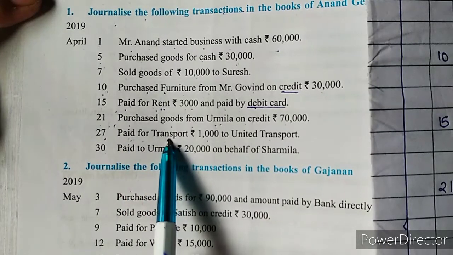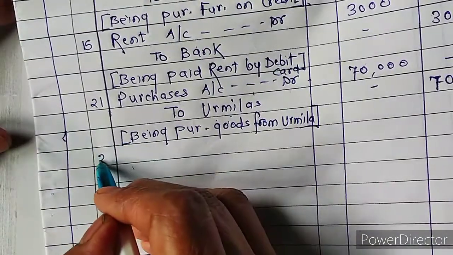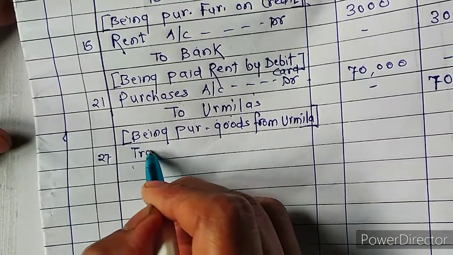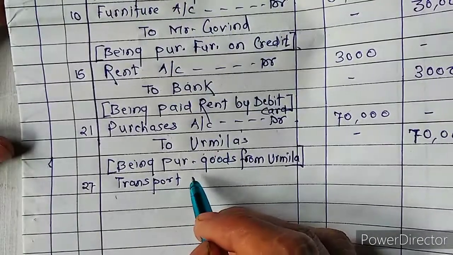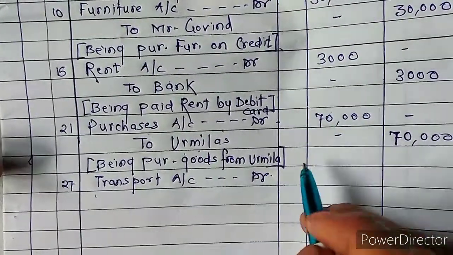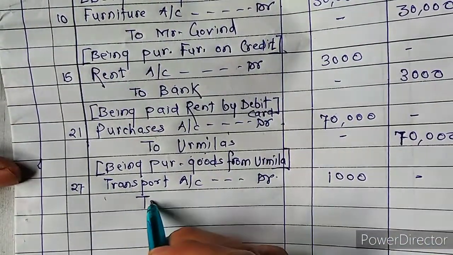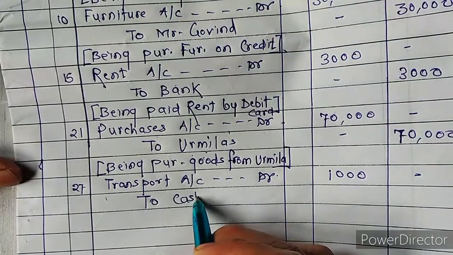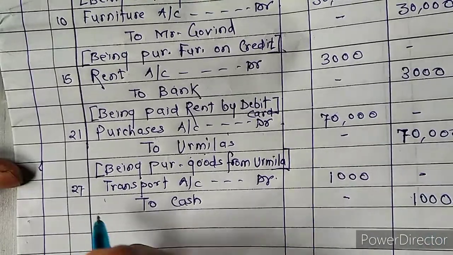So here transport account debit on 27th, and the amount of transport is rupees 1,000, and cash goes out, so cash account credit rupees 1,000.